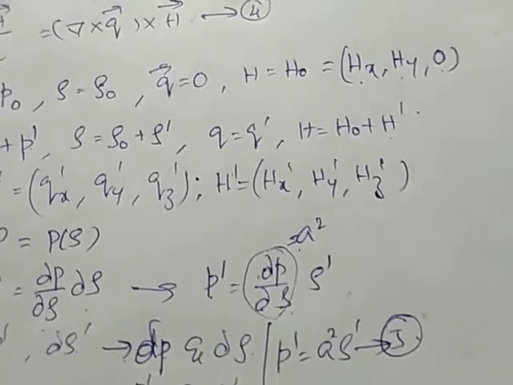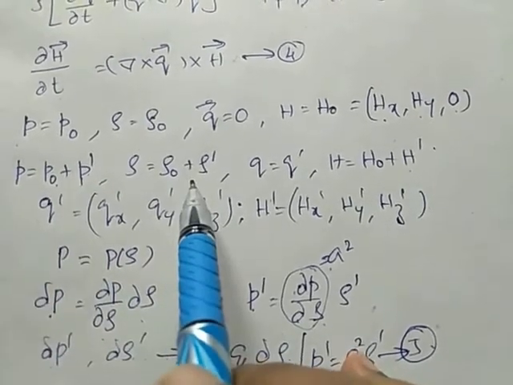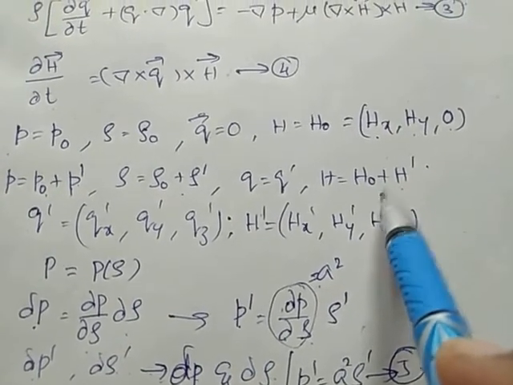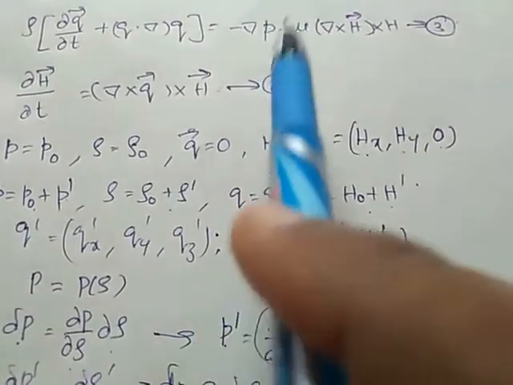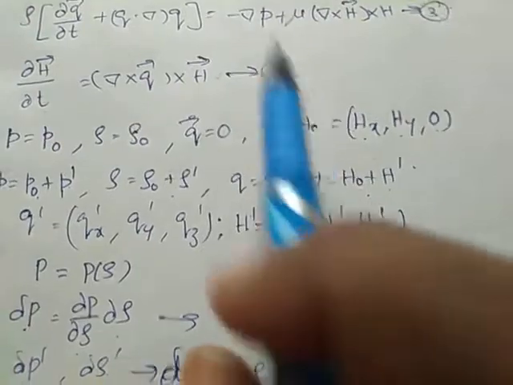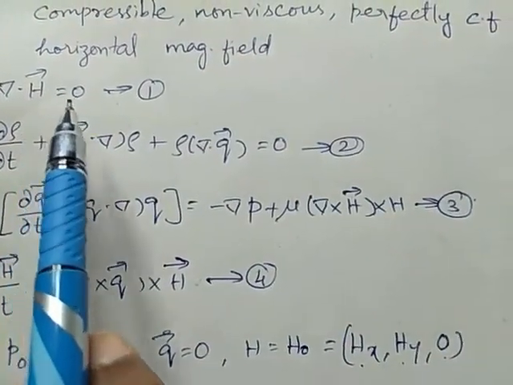So we are going to substitute all these perturbed values, p naught plus p dash, rho naught plus rho dash, q dash and h naught plus h dash, in our basic equations 1 to 4. When we substitute in our very first equation, what is our very first equation? Del dot h is equal to 0.